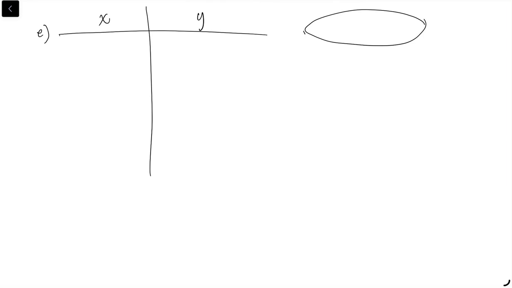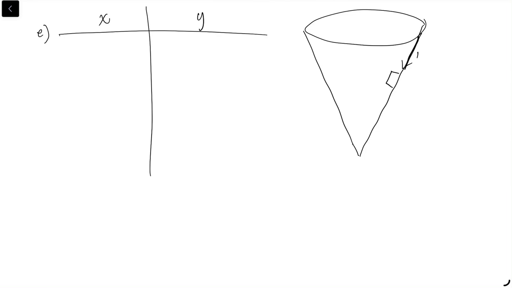So for part E, I'm going to solve it in the x and the y direction. Okay, so they give us a scenario where we have to solve for v max. And in this case, the box is moving so fast that friction needs to keep it on the slope so that it doesn't fly off.